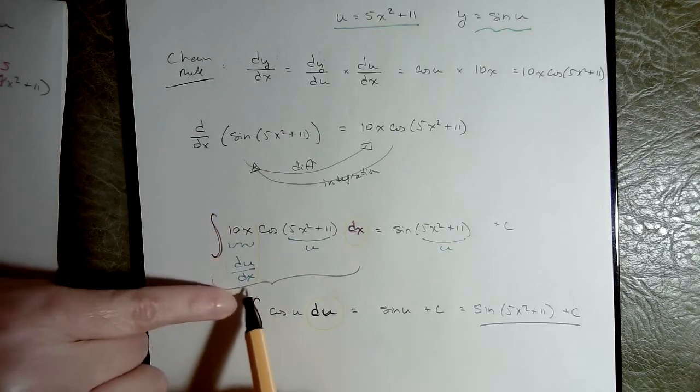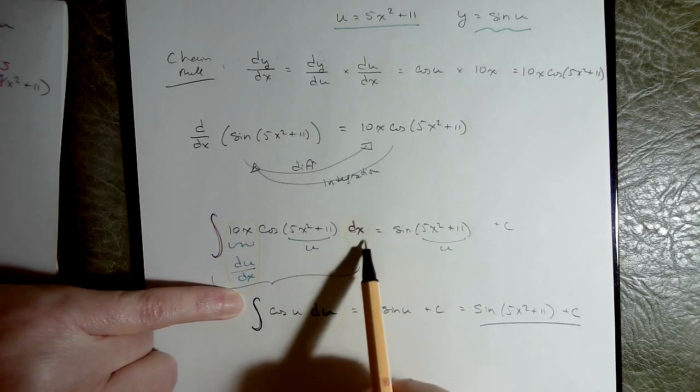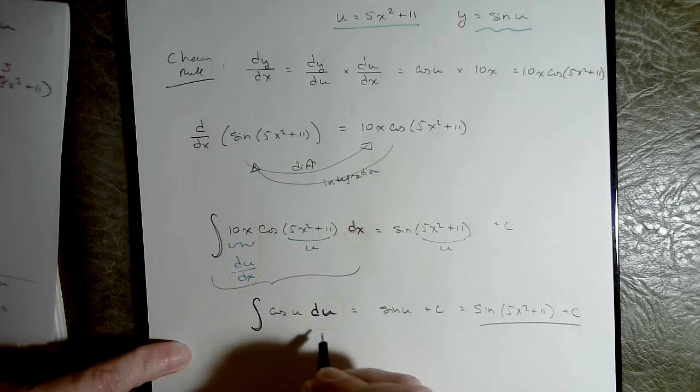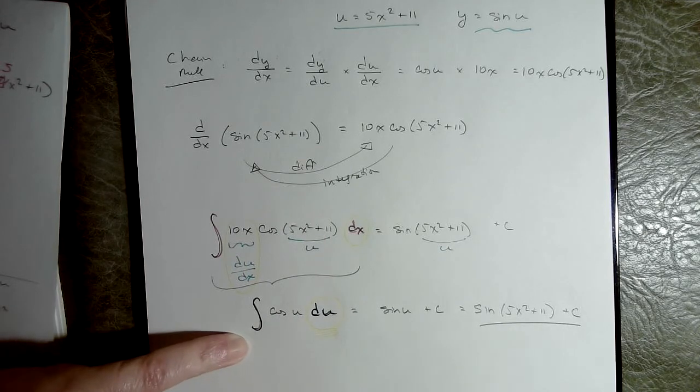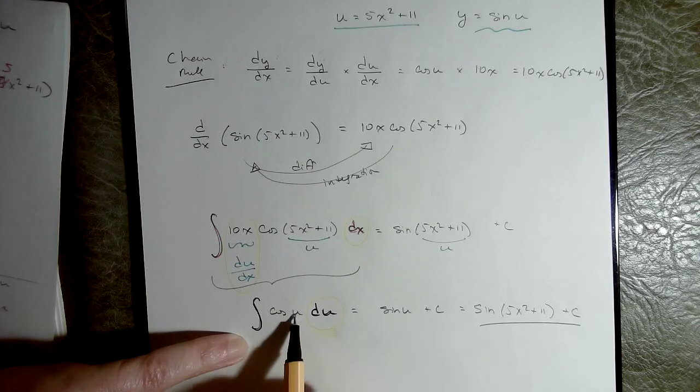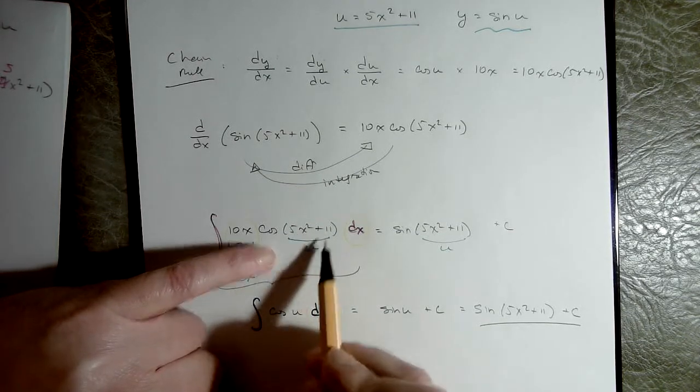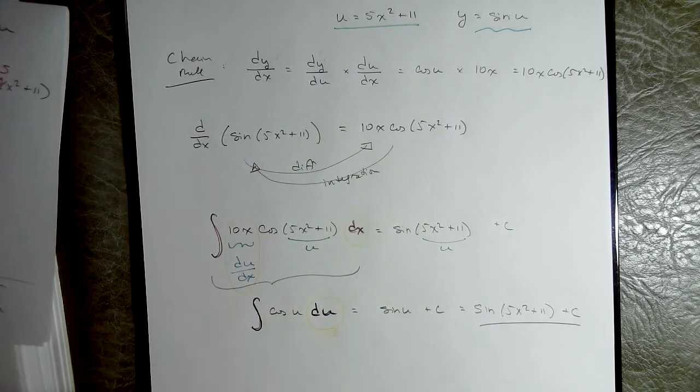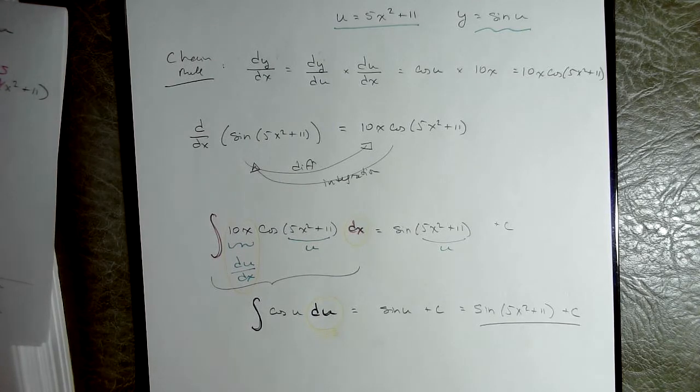This du dx business, along with my dx operator, the bookend of my integral, together they get replaced with a new bookend. And I've changed my variable to the letter u because I've replaced that phrase with the letter u. And this is the big structure to remember in chain rule.